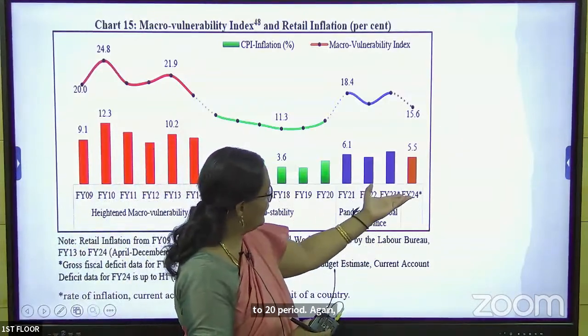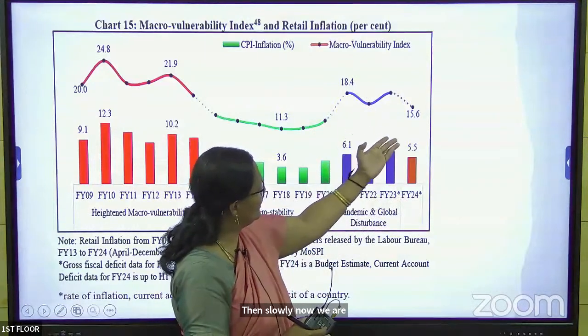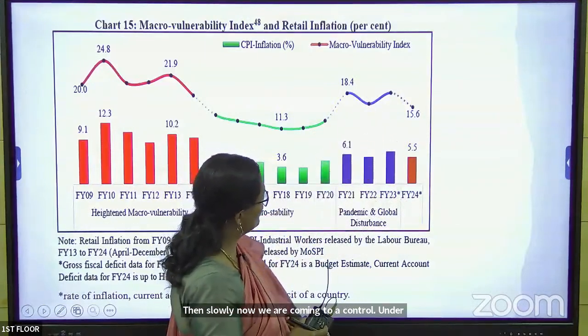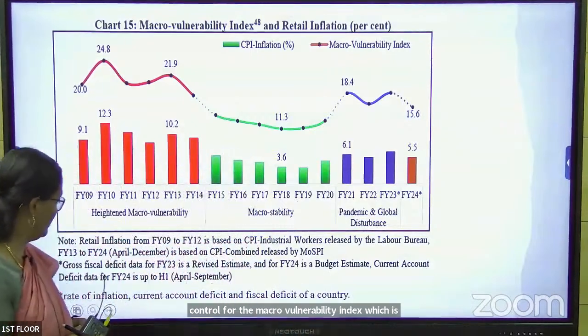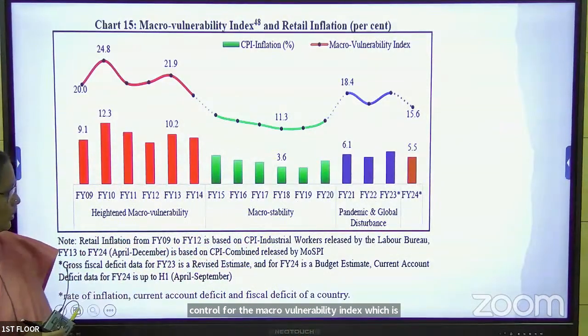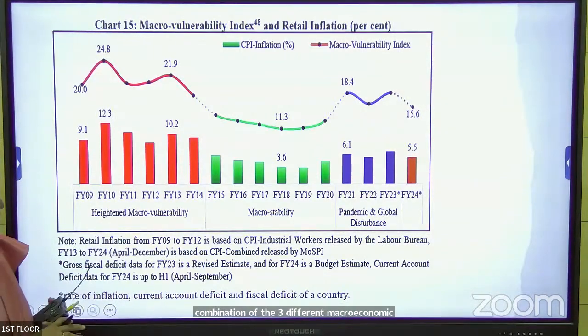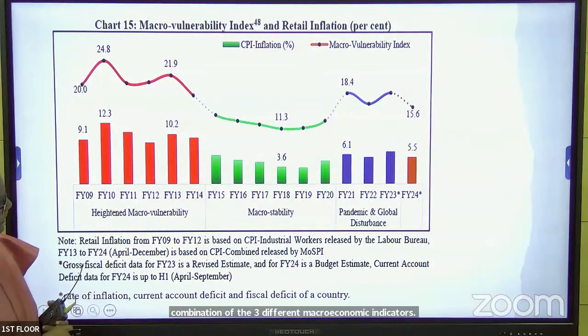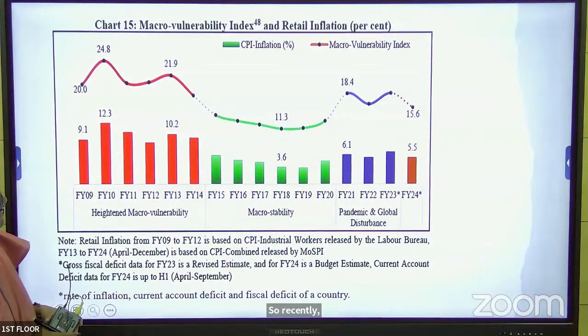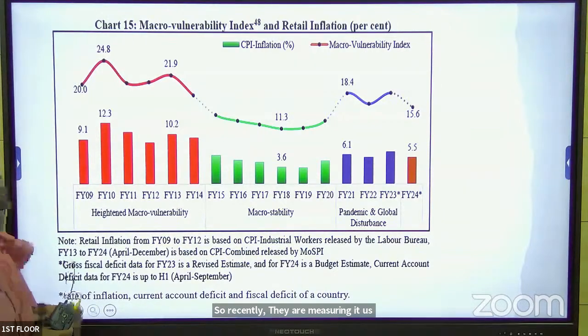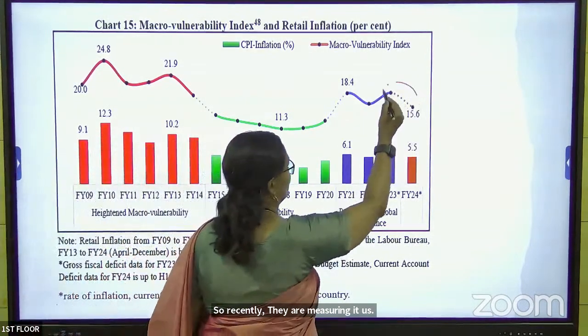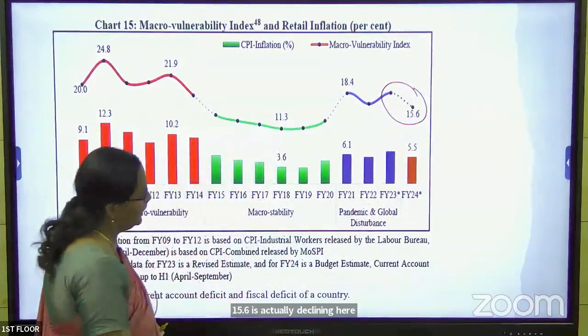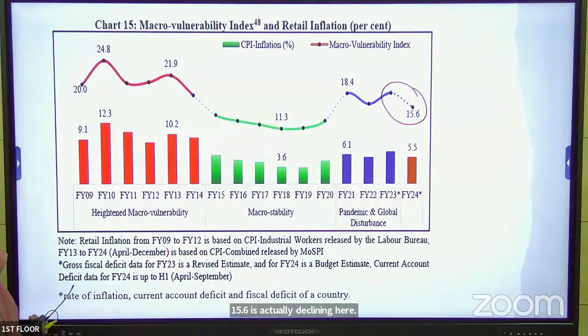Then slowly now it is coming under control, for the macro vulnerability index, which is a combination of 3 different macroeconomic indicators. Recently they are measuring it as 15.6. It's actually declining here, mainly because the inflation is coming under control.